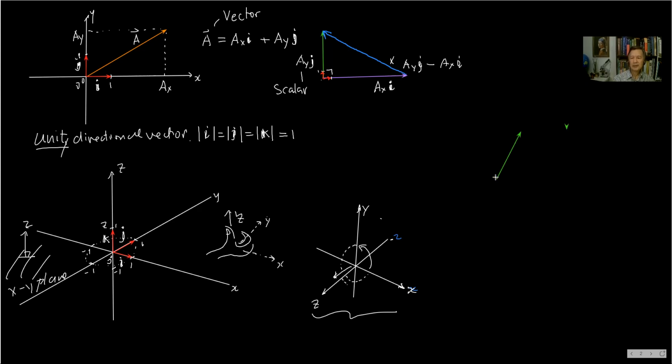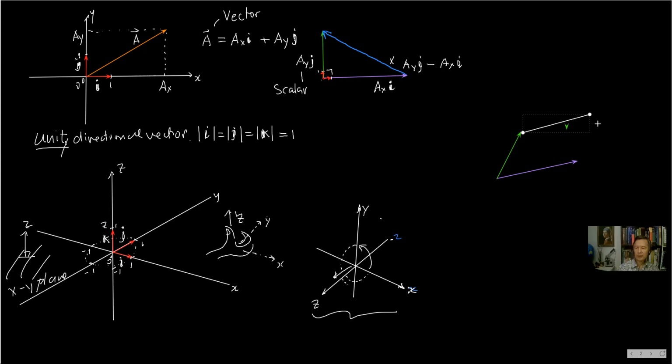In this case, the angle may not equal 90 degrees. So in this general case, in order to find the sum, this is a more fundamental definition: you have to draw the parallelogram.